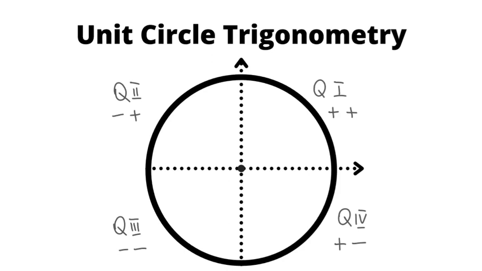circle. For example, if I have an angle that is equal to 30 degrees when built from the standard position, or we can also say it's pi over 6 in radians, then we can see that a triangle can be formed.